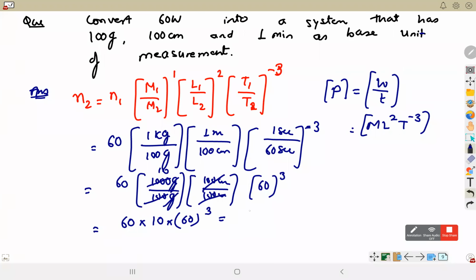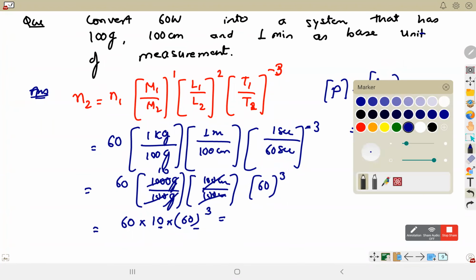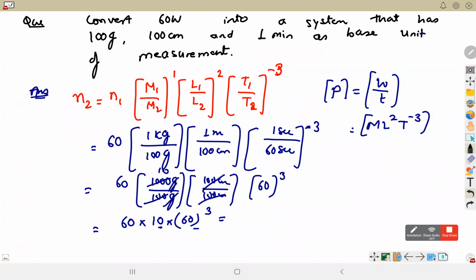ये कितना हो गया? 6 raised to power 4 multiply by 3 plus 4, 6 to the power 4 into 10 to the power 6, नहीं, 10 to the power 4. एक second. नहीं, कुछ तो गड़बड़ है शायद.